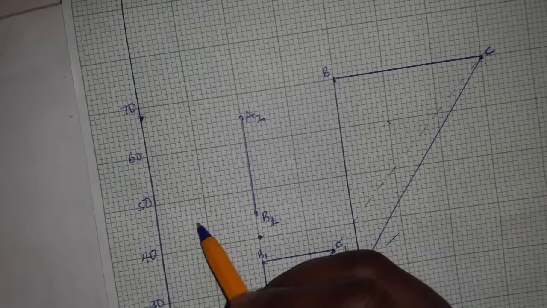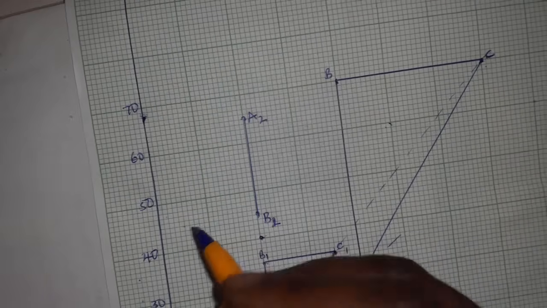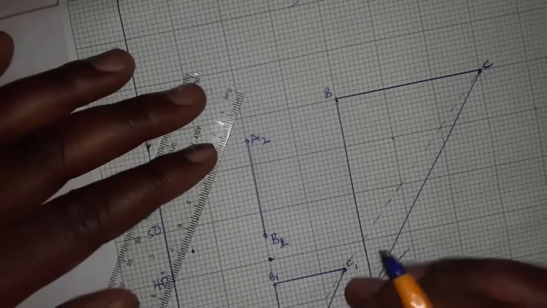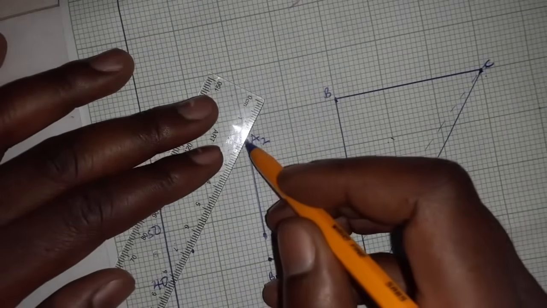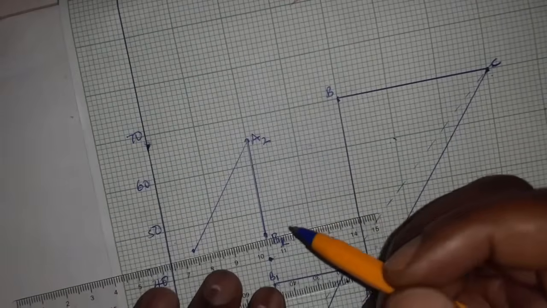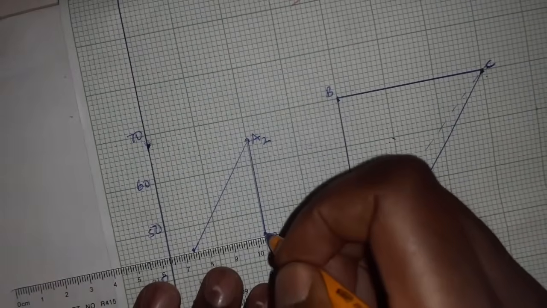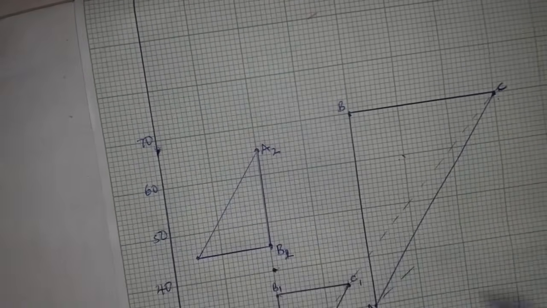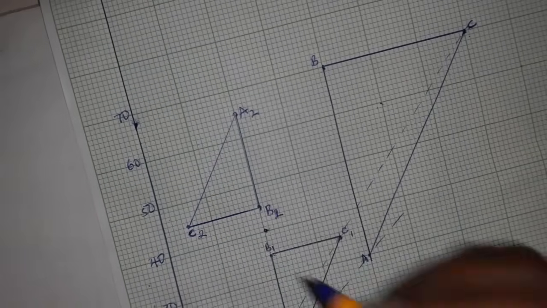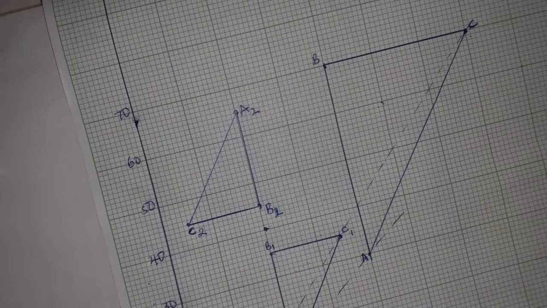So we have 1, 2, 3, 4, 5. This one will come here. So this is how it's going to be. This is going to be C2.